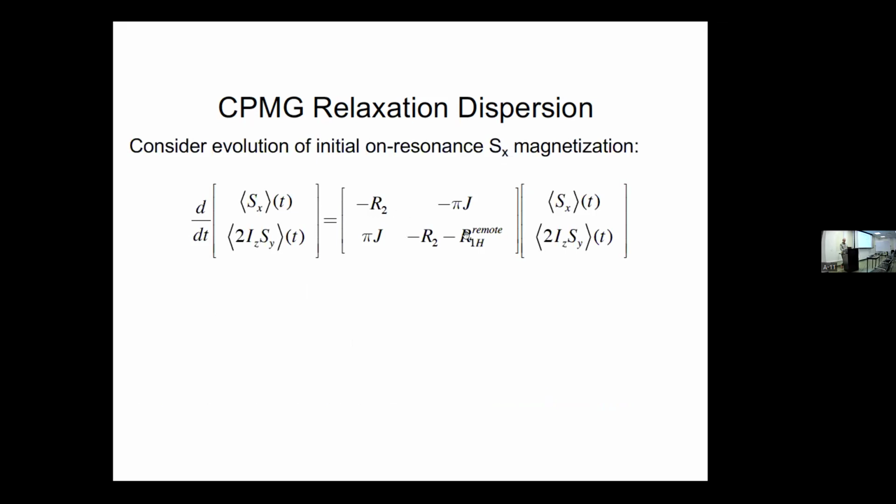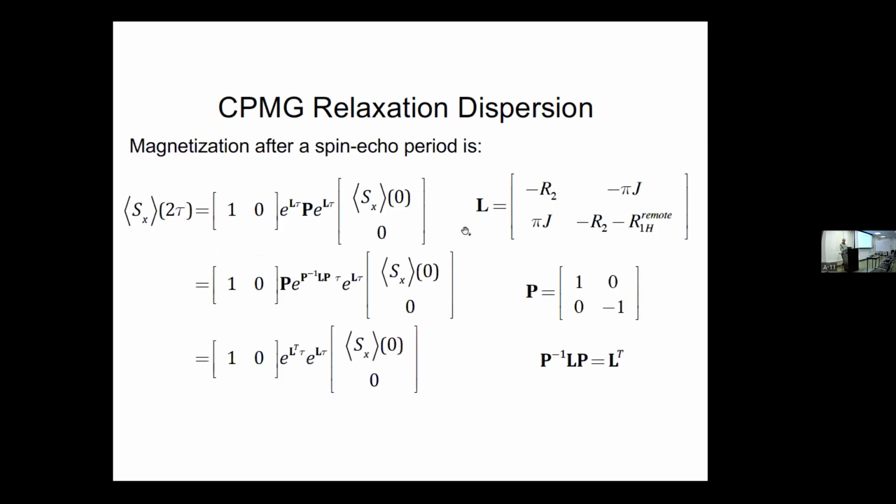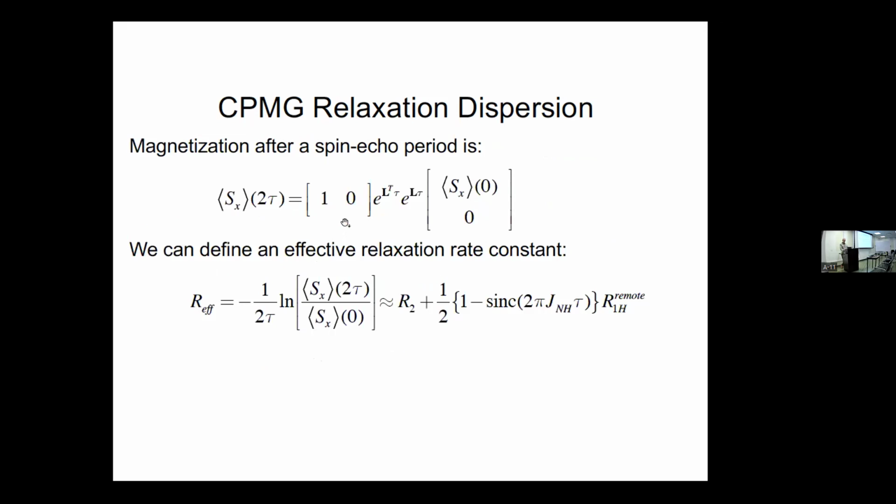That's the purpose. Our relaxation matrix would look like this. We have the J couplings linking in-phase and antiphase. The antiphase term has this contribution from the remote hydrogens, as we've talked about before. Essentially, if we go through and see what happens when we have this net-like period in the middle, we end up with an effective relaxation rate constant that's the R2, and a part that depends on the tau period because of the J couplings.